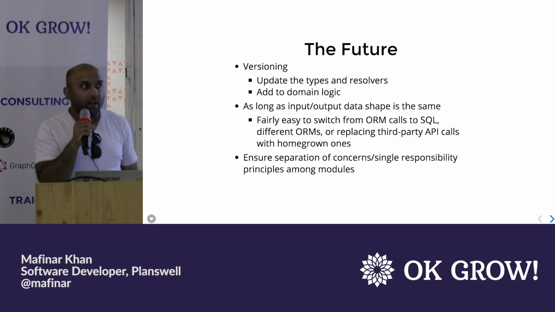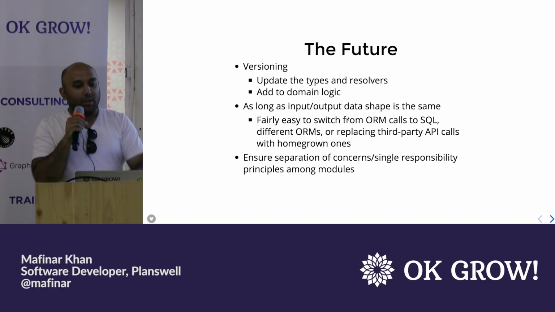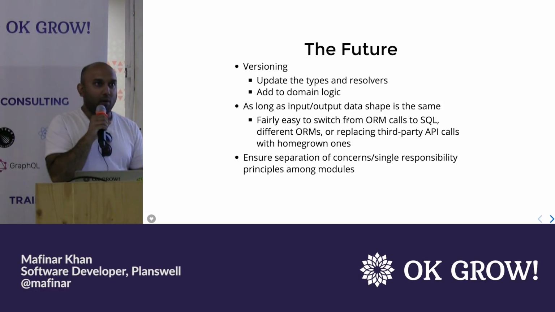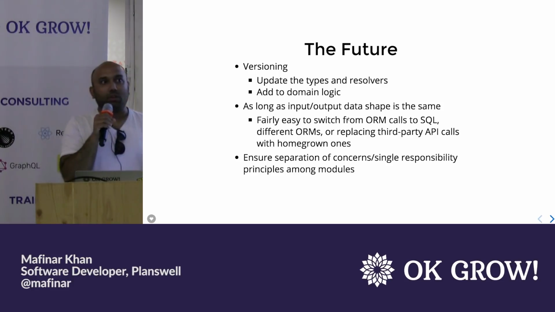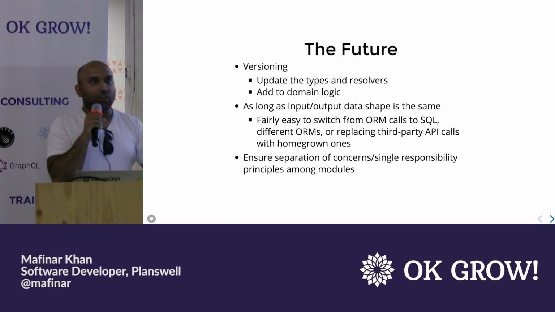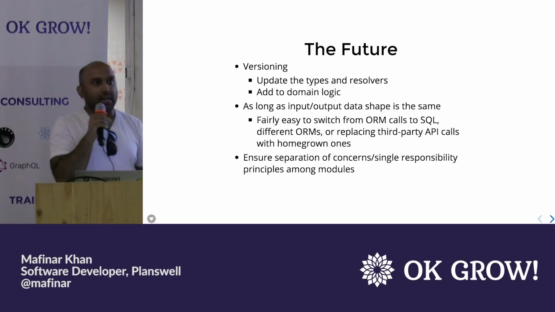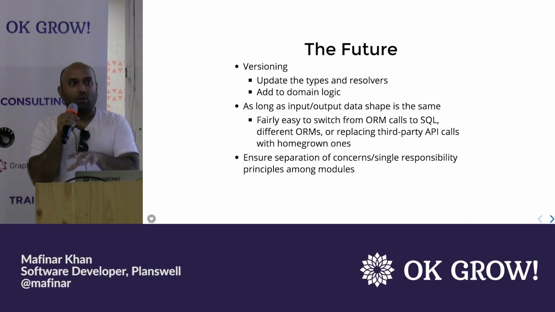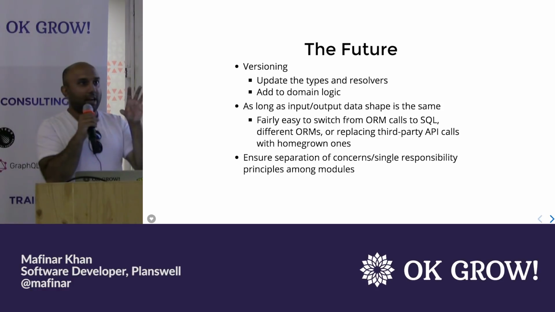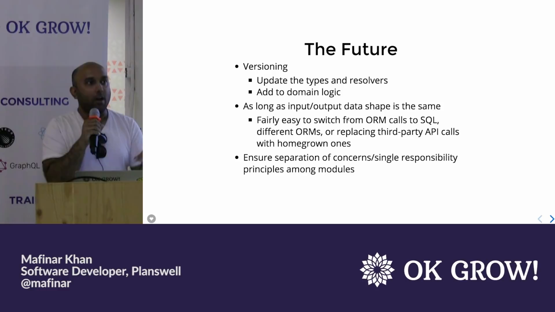That's all I need. So all I need to do is go to the domain model and change the logic over there. As long as the input shape and the output shape are the same, I won't have to touch the resolvers or the GraphQLs. So that context would be limited to that.